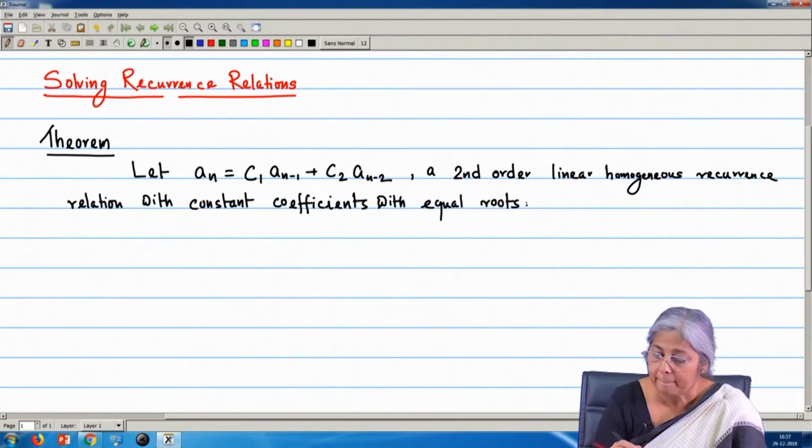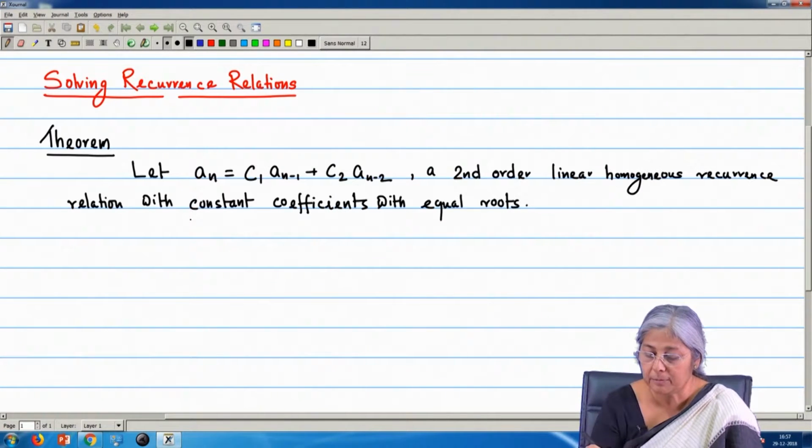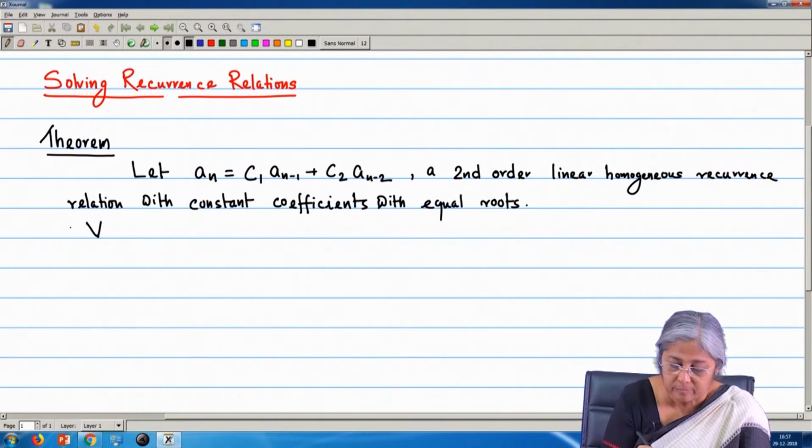So, we can consider the solution as V n equal to t to the power n.